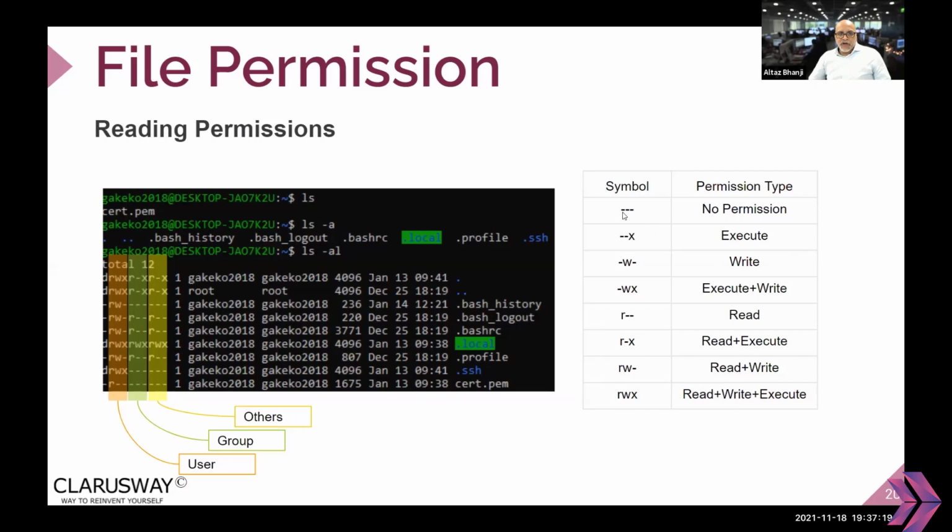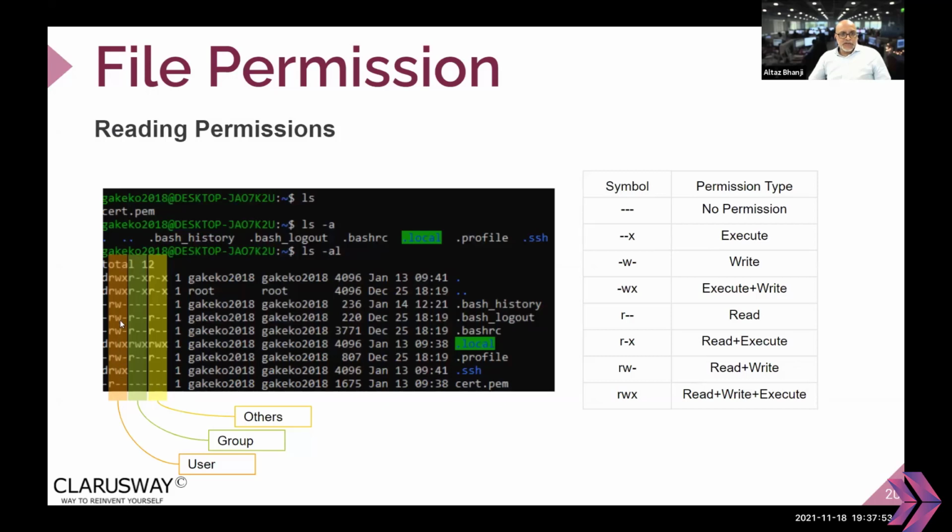And you can see that if you've got 3 dashes, and remember, there's only three spaces for each particular entity, that means no permission. So as an example, for this file, cert.pem, the others have no permissions, and the group has no permissions.